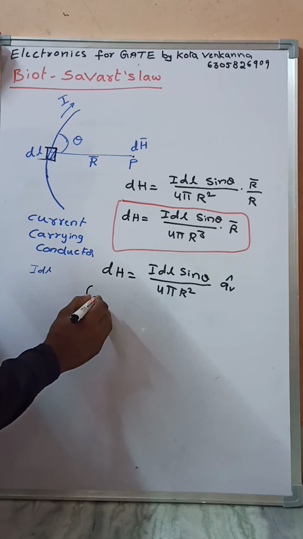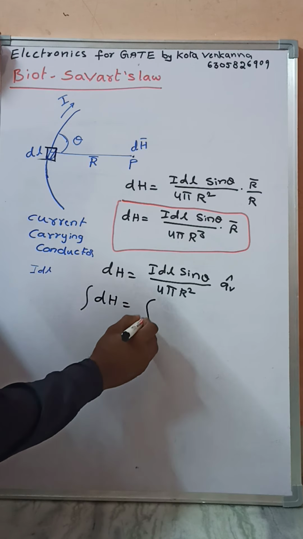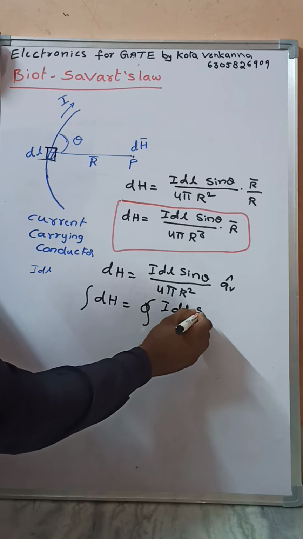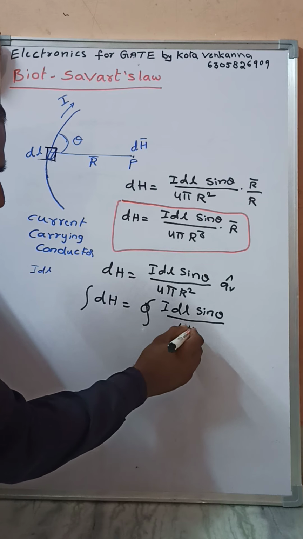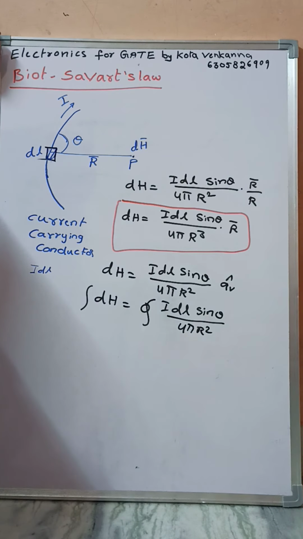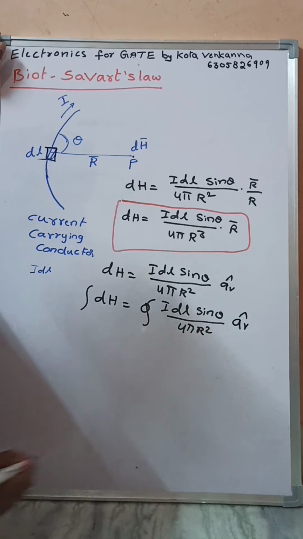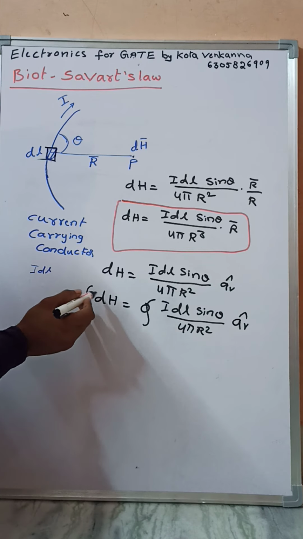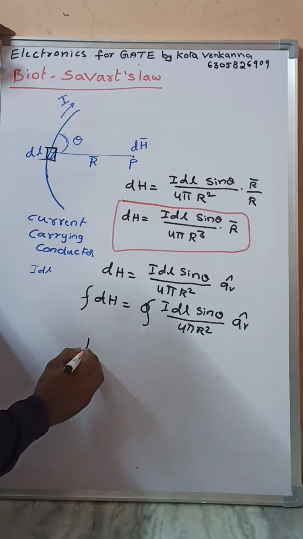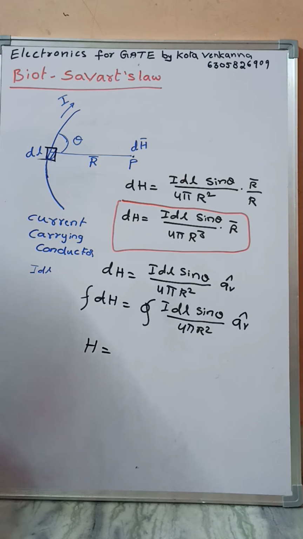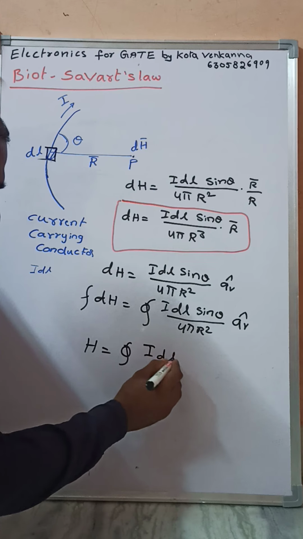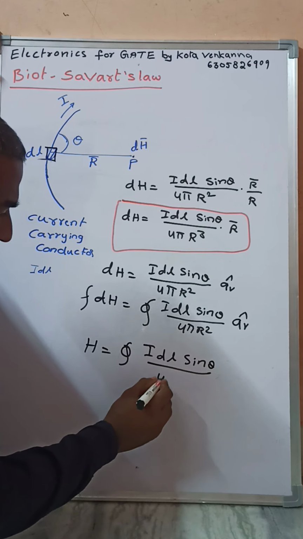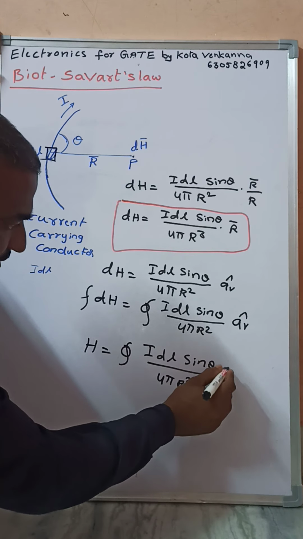Integration of dH is equal to integration of I dl sin theta by 4 pi r square into AR.